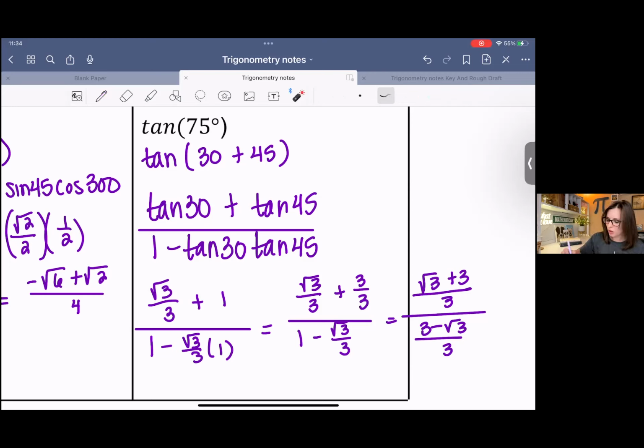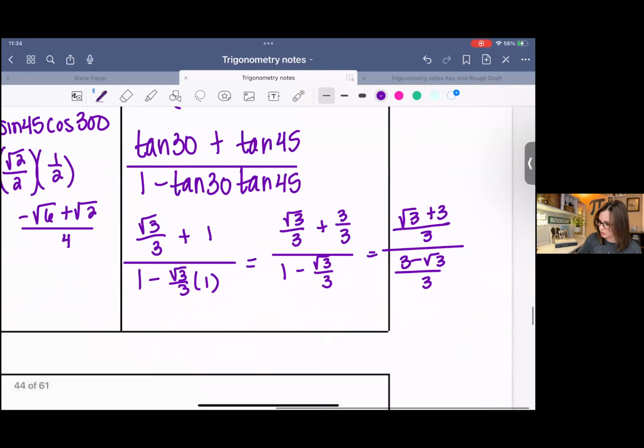I've just done some simple algebra here, so I kind of jumped through it a little bit. I traded that 1 for a 3 over 3. I traded this one for a 3 over 3. And then once you have that common denominator, you can add the numerators over the common denominator. So now I have a fraction of fractions. So I'm going to flip the second fraction, the bottom fraction, and multiply.